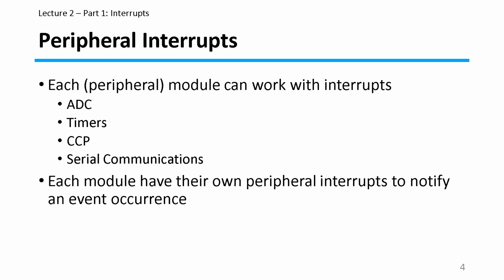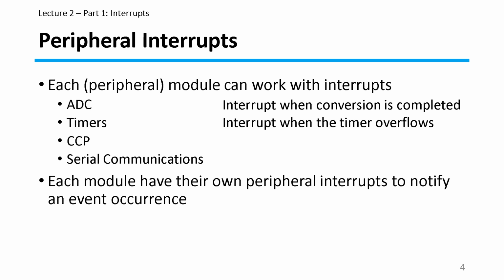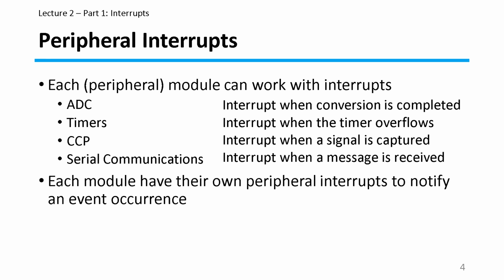For example, in ADC, an interrupt can occur when conversion is completed. When the timer overflows, an interrupt can be called. Using the capture mode, when a signal is captured, you can signal an interrupt. And in serial communications, you can call an interrupt when a message is received or a message has completed its transmission.